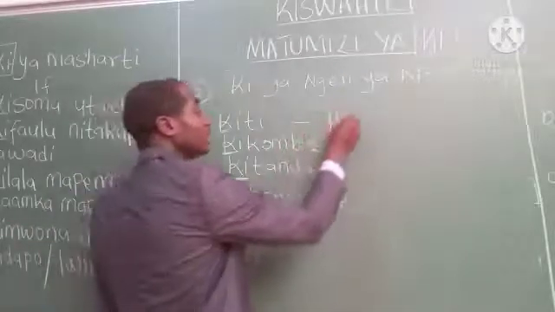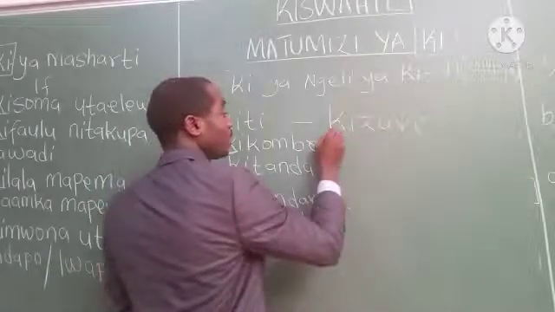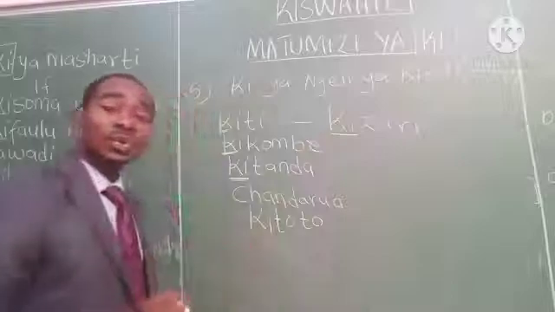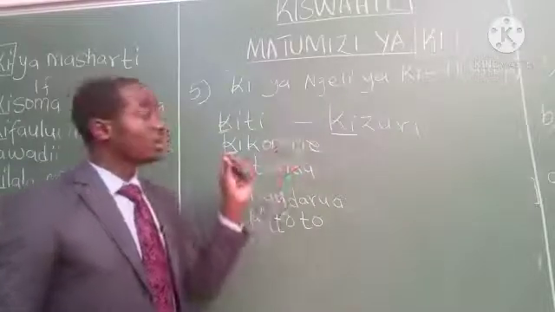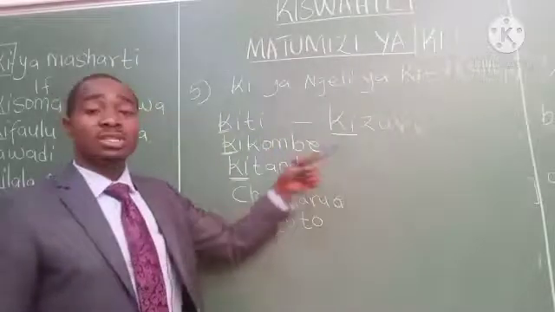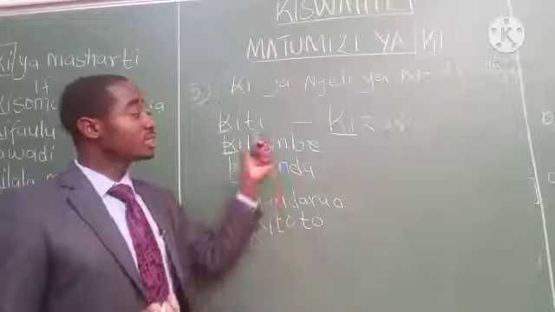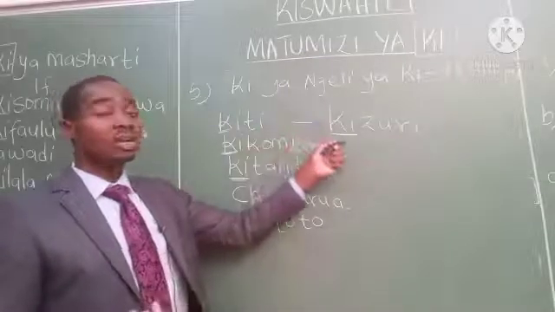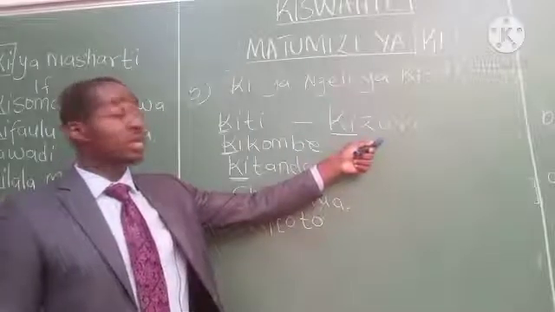Kiti kizuri, a nice chair. For nouns in this Kivi, kiti kizuri, a nice chair. But someone, mtu mzuri. See how it is. This class is agreeing with ki on this type of word. Zuri. Zuri is good.